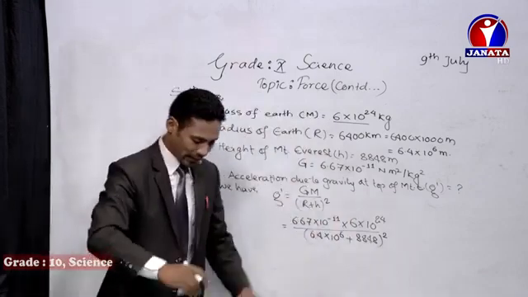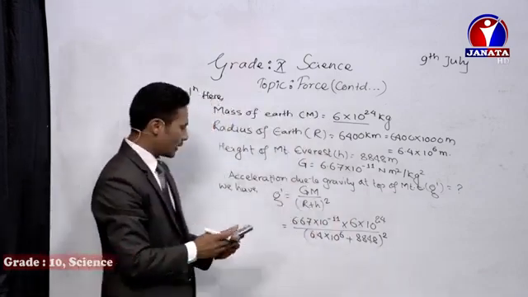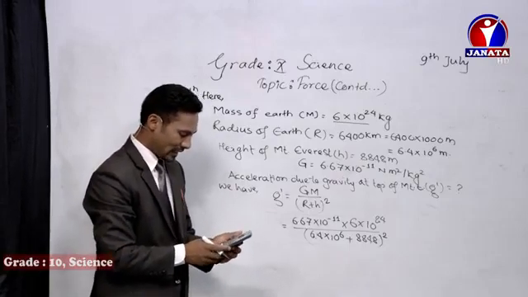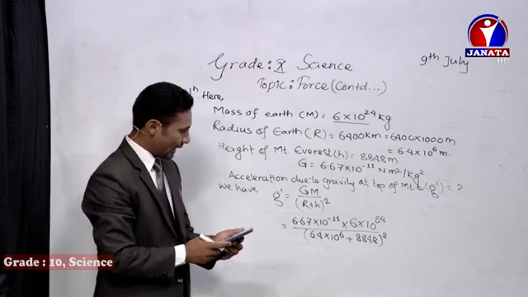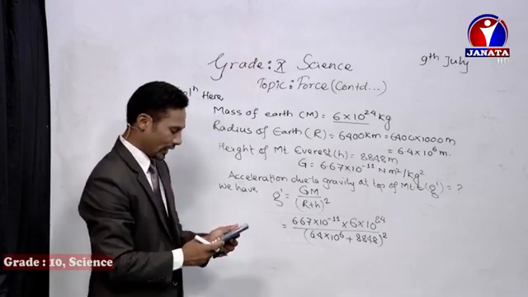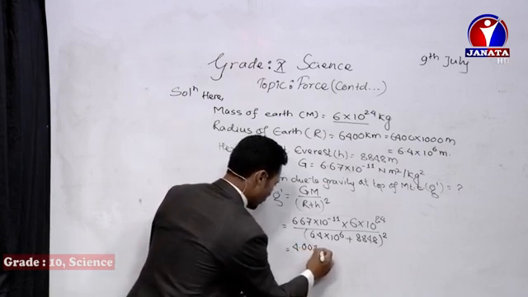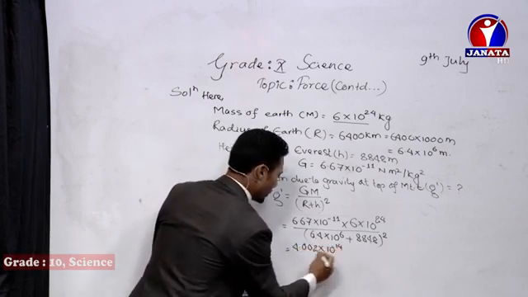So let's calculate this one. Multiplication of 6.67 into 10 to the power minus 11 into 6 into 10 to the power 24 gives 4.002 into 10 to the power 14.